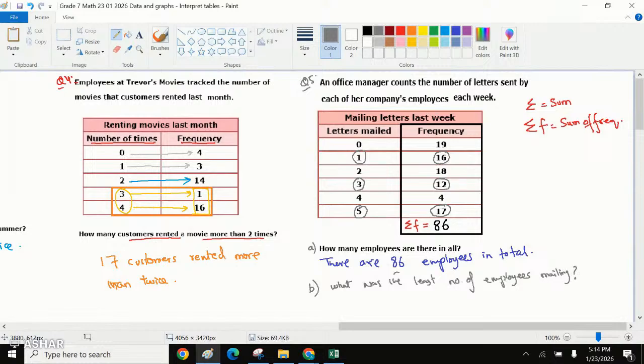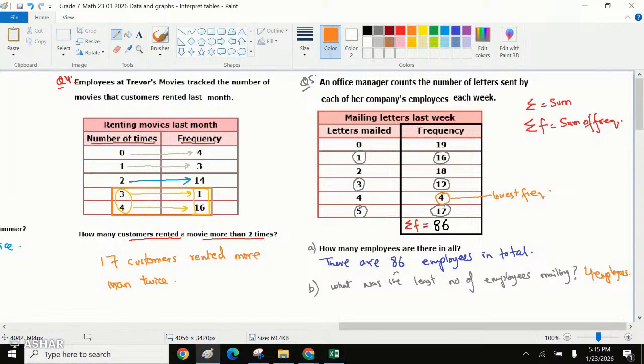Okay. So when we talk about least employees, we can say this would be the lowest frequency, right? So we can say there were 4 employees. Agreed? The lowest frequency. We can have a question about highest frequency as well, right?